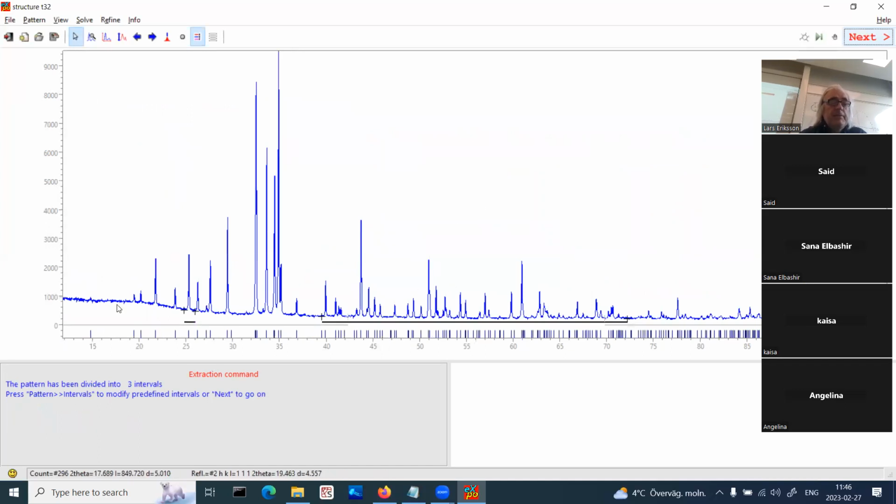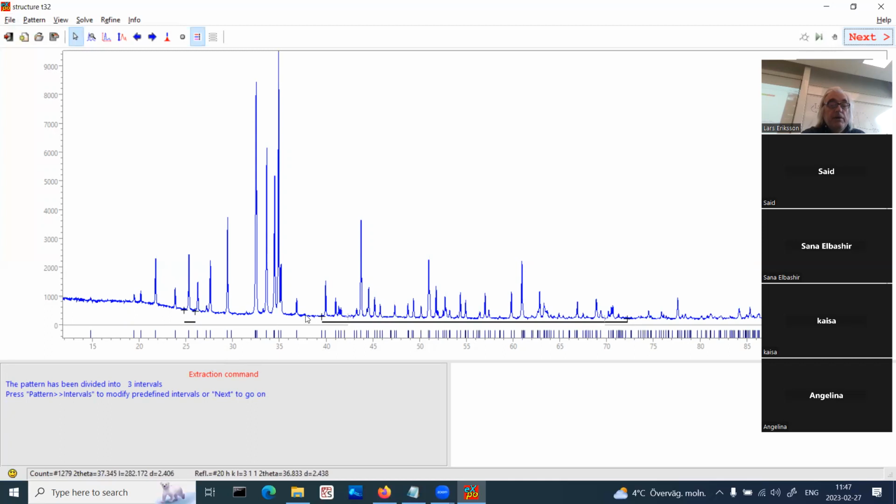Then you see that some of the peak positions here were removed. This is probably a real peak, but no peaks here. Here are 2 peaks. Yes, I agree. 1 peak, 1 peak, 1, 2, 1, 2. There is a small one here. 1, 2. This second one is perhaps not obvious, but it's only the first one.